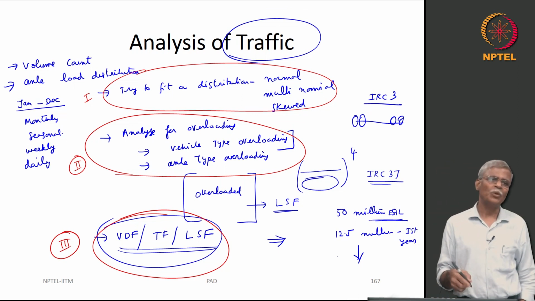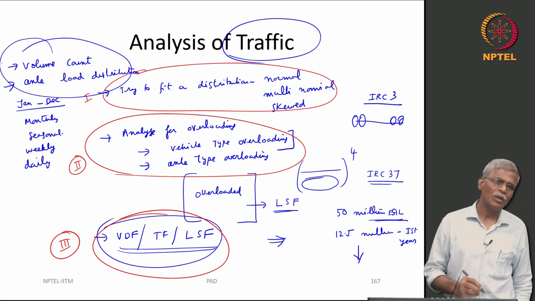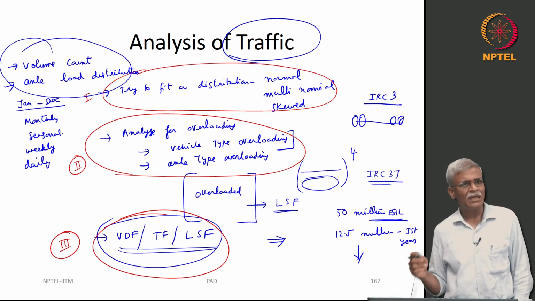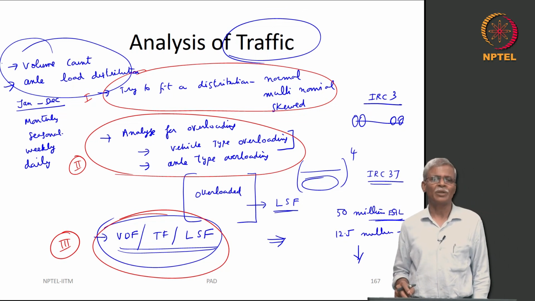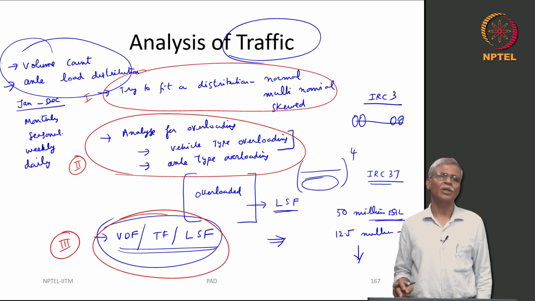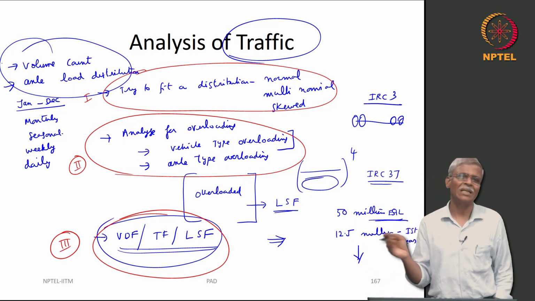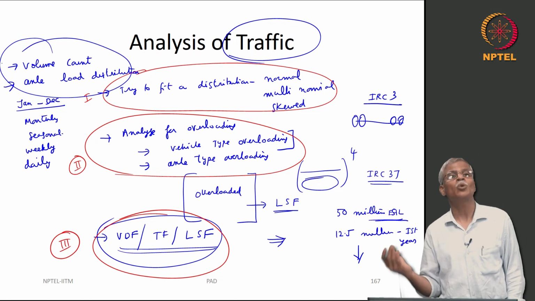Instead of trying to compute this in this particular way, you can go back to the volume count under the axle load distribution, project it for the first year, and find out what the volume count will be. You will actually be surprised, because when you do this for 50 million standard axles over 4 or 5 years, you might end up loading the pavement much less than what they carry, because there is a capacity associated with the highway, much less or in some cases much more than what you can.